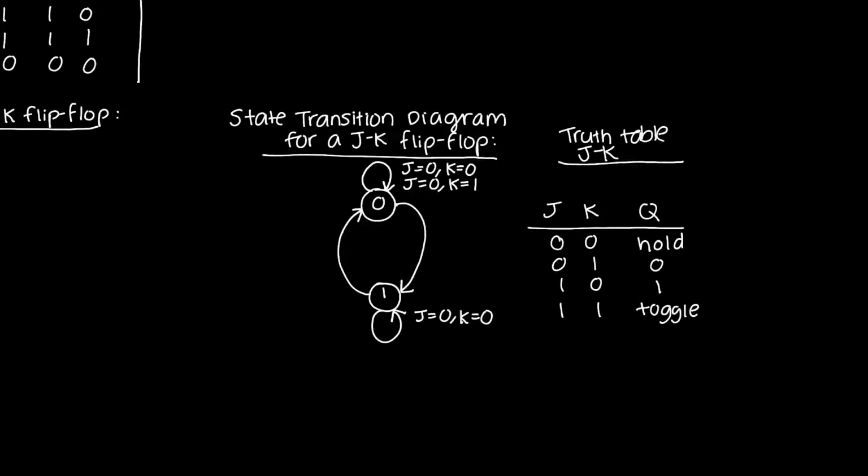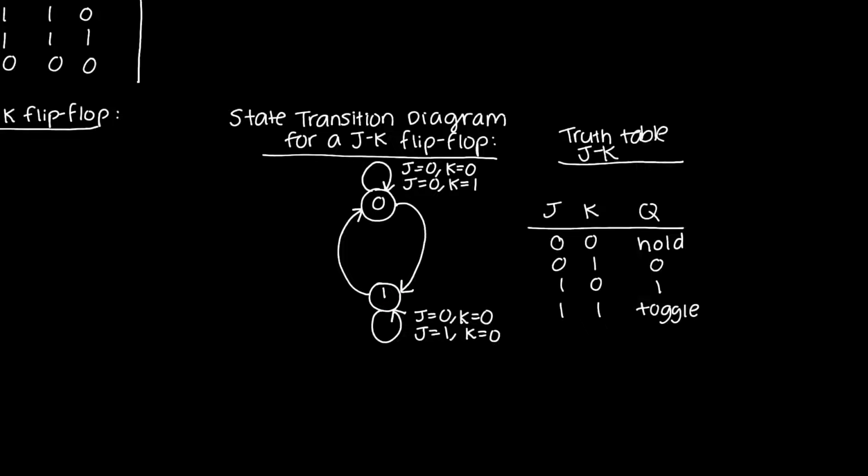Or I could be in the set condition over here where J is 1 and K is 0. Now it doesn't matter what J is, because regardless of whether J is 0 or 1, if K is 0, the next transition is still going to be a 1. Q is still going to be a 1.